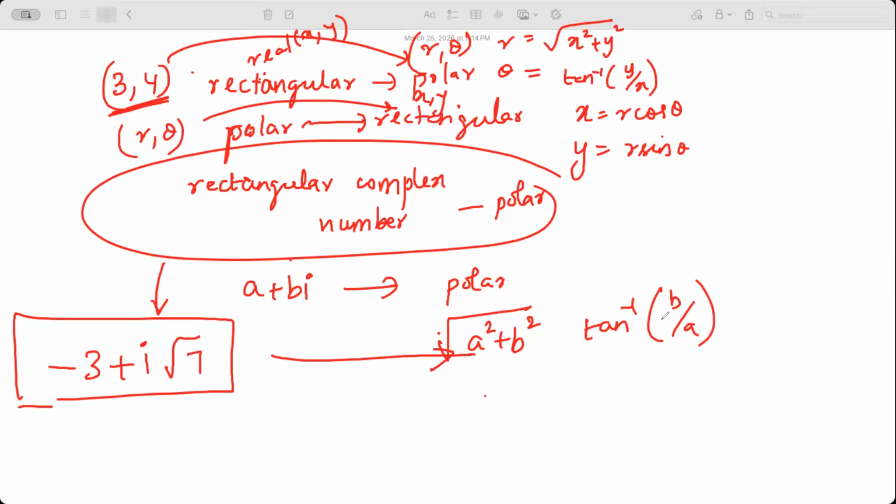So for that, to convert into polar coordinates, you need r comma theta. R is given by square root of a square plus b square. Theta is given as tan inverse of b by a. But you need to adjust the coordinates and stuff. Can you do that for me?